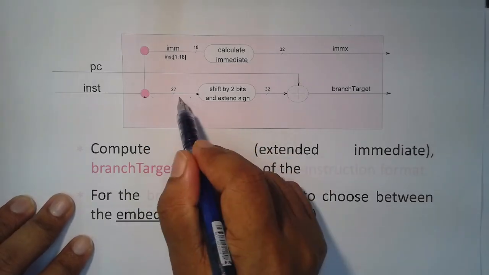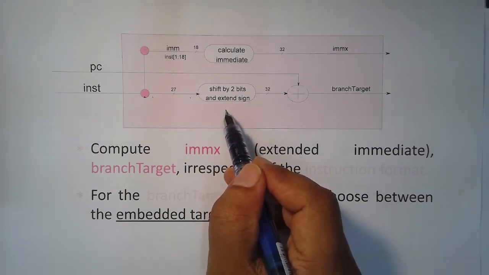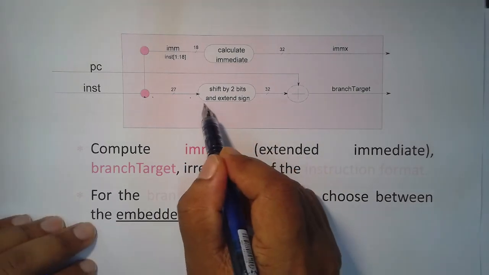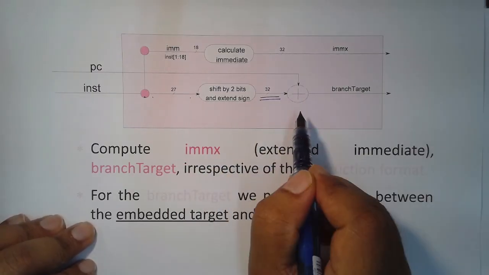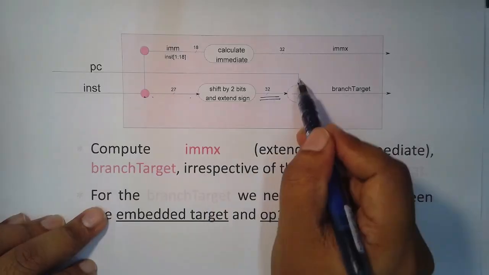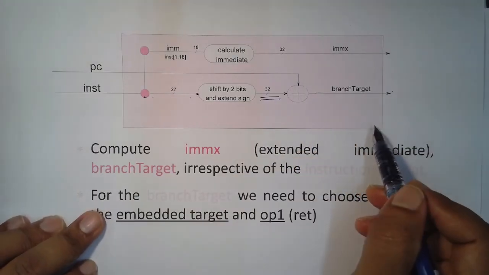You shift those 27 bits by 2 bits to the left, and then extend the rest of the 3 bits to get your 32 bit offset. You add it with your PC to get the branch target.